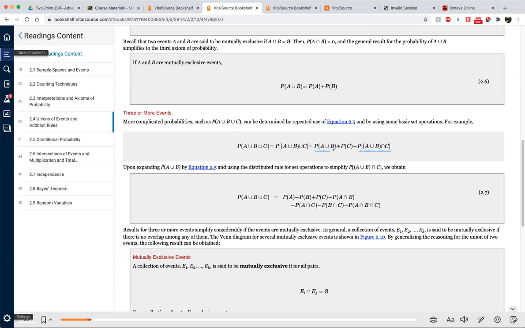So this is equal to P, applying the addition rule. This is P of A, right? Plus P of B, and then minus P of A intersection B, right?